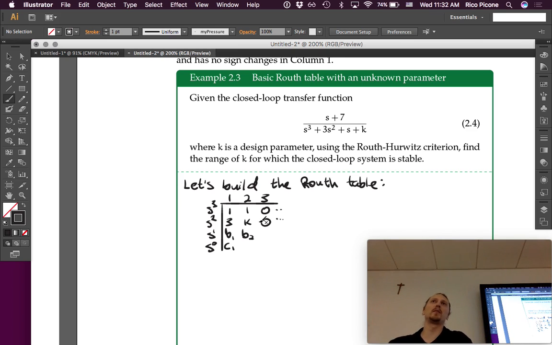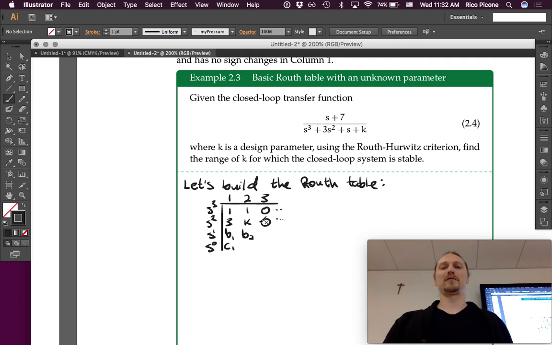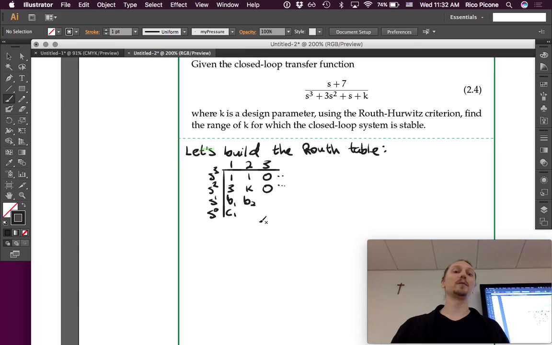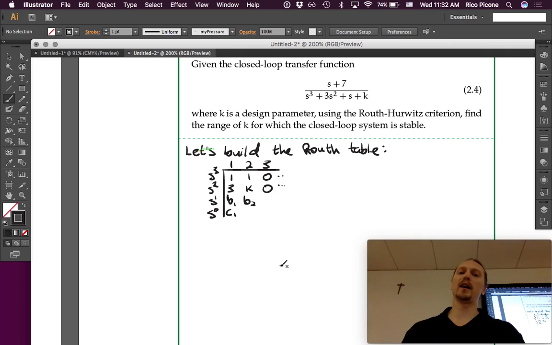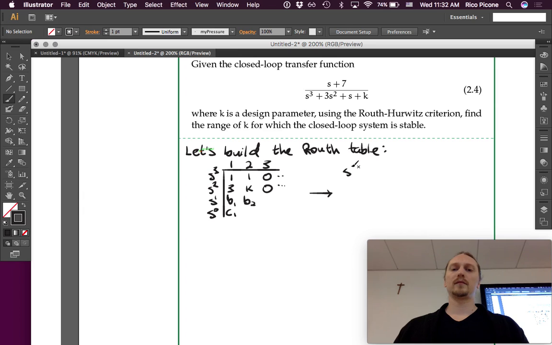We should be able to compute 0, right? I mean, there's 0 because we compute them to be 0. We know it's supposed to be 0. And then I'm going to compute B1, B2, C1 down here, and then we're going to fill in this Routh table here.